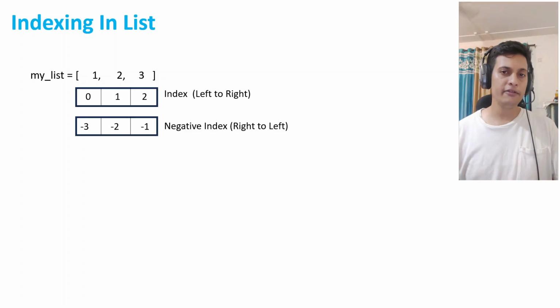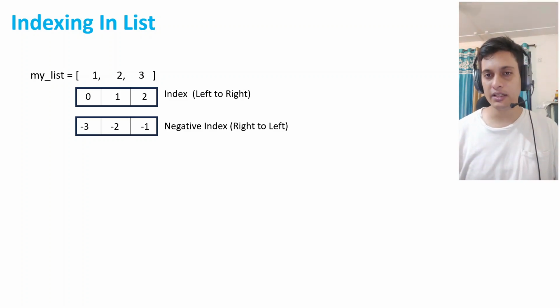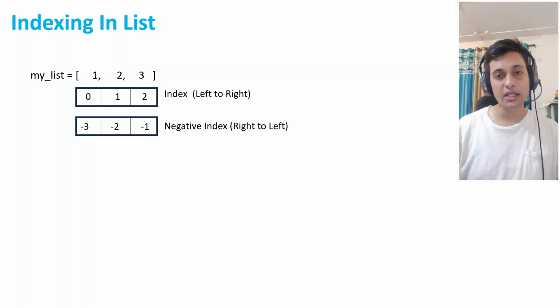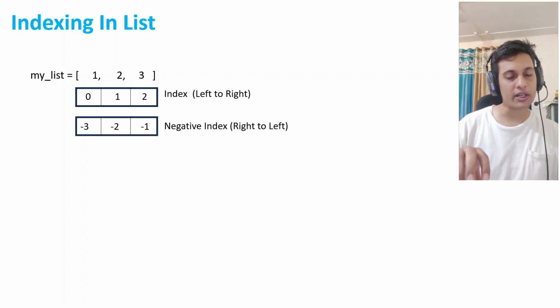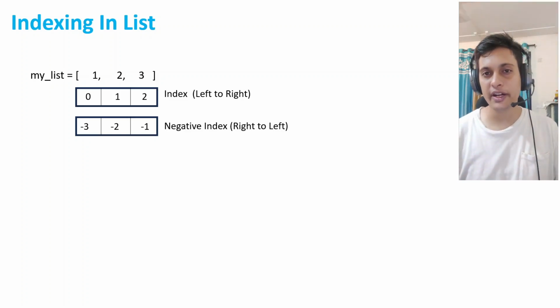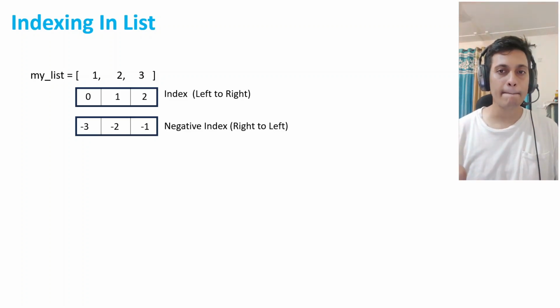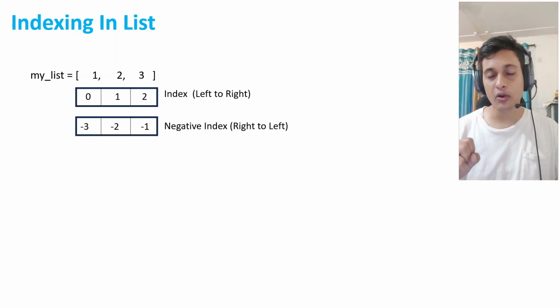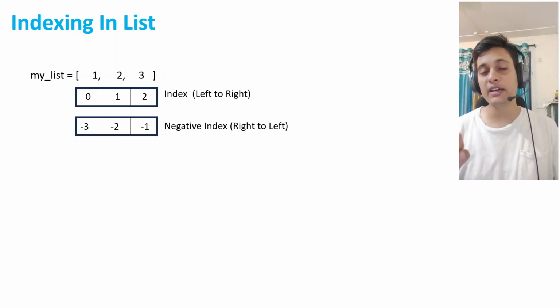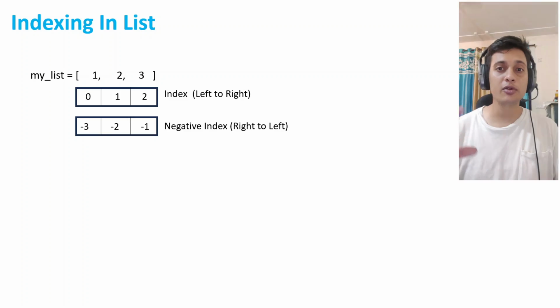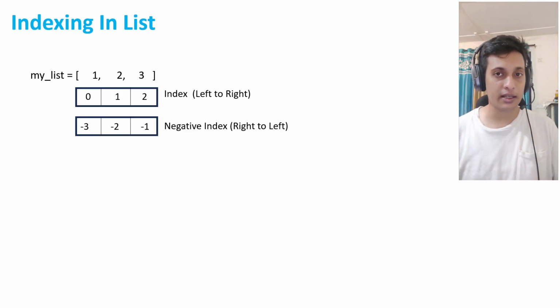If your element is nearer to the starting point, you use the positive index to retrieve that data. If the data is closer to the last element of your list, you use the negative indexing.